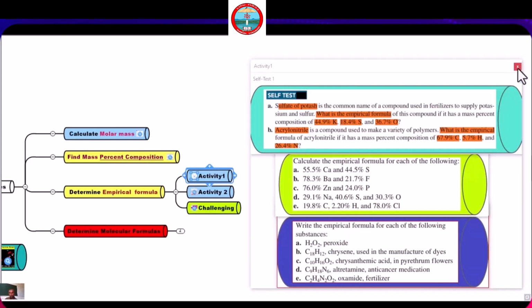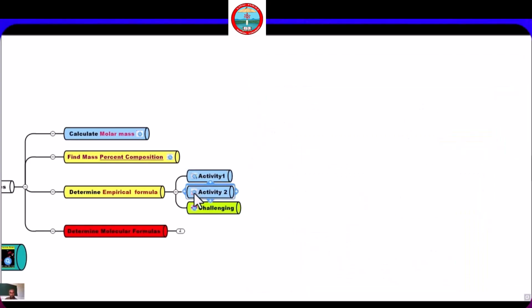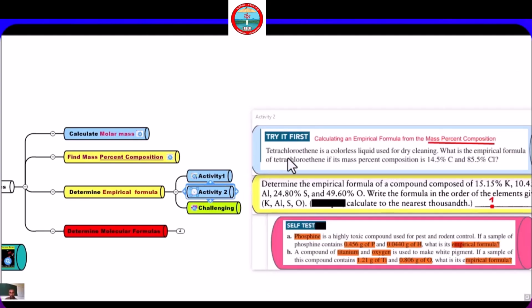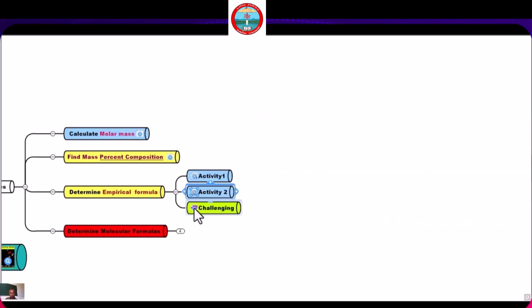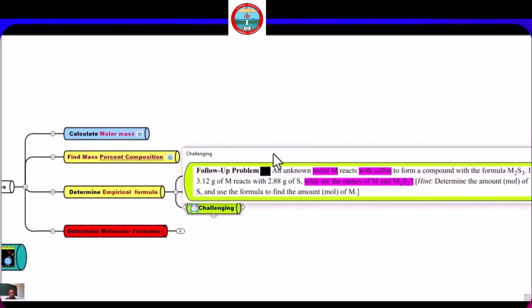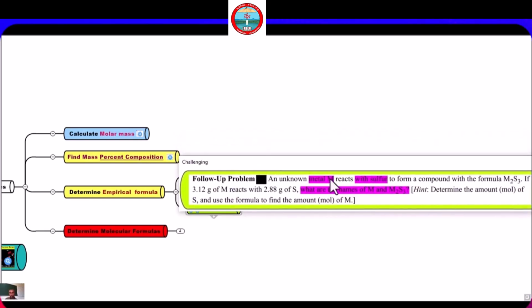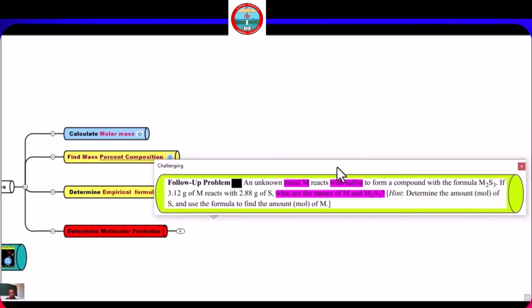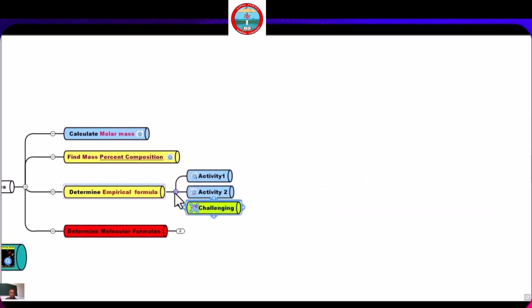Activity 2, for determining the empirical formula, you have been given 3 activities here, and finally you have been given a more challenging problem to determine the empirical formula. So try to calculate this. Another one is determining the molecular formula.